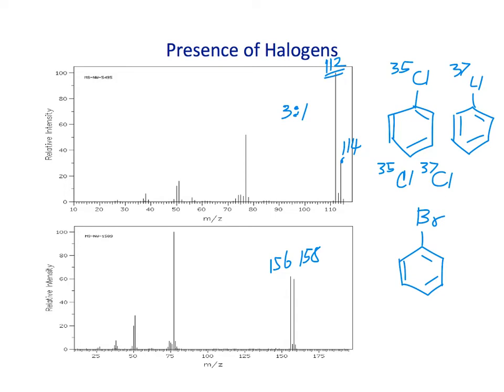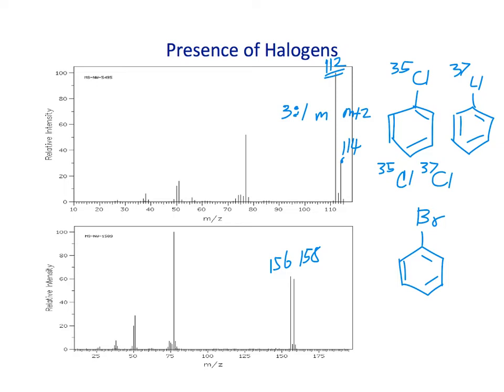So every time we have a chlorine in a molecule, we'll see a pair of peaks. This would be the M and the M+2 in a 3 to 1 ratio. So if you see two ions like that for a molecular ion, or even a fragment ion, in a 3 to 1 ratio, two mass units apart, you'll go, aha, there's chlorine in the molecule.